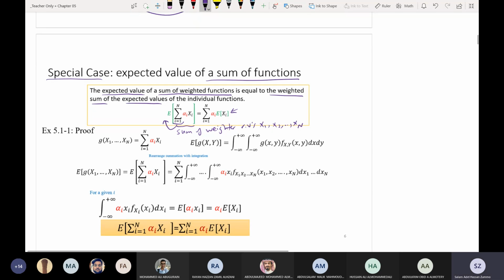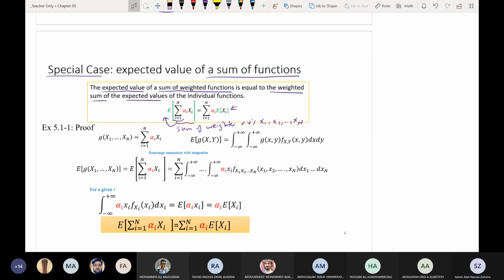And here is the proof of this. I can define this function, the weighted sum of xi, as g of x1, x2 up to xn. This is the function, right? So the expected value of this function is nothing but the expected value of the summation of alpha i xi, right?